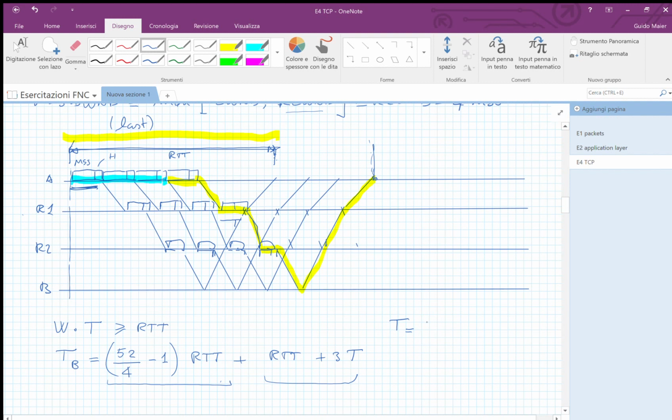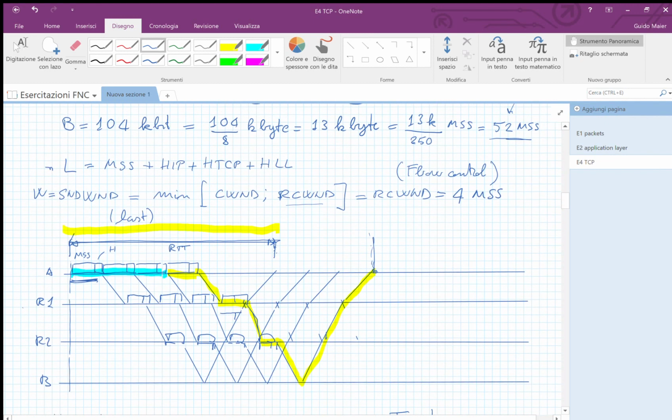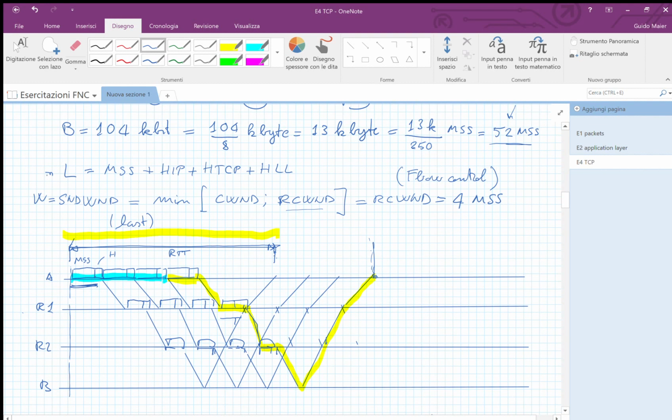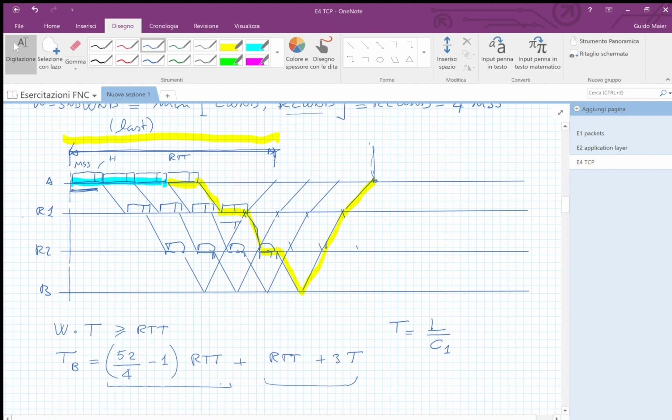So T will be equal to L divided by C1. L is the total length of the segment, taking also all the headers into account, and this is the time that we must use.